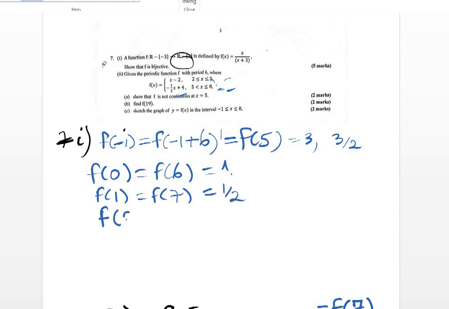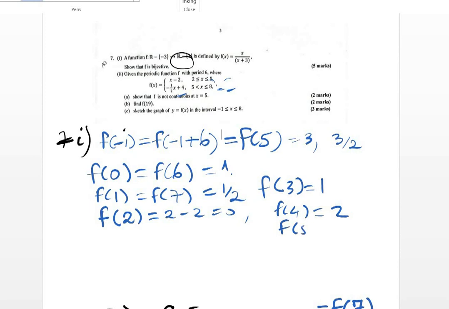Likewise for f of 2. I just want to show you how to obtain the various values using the period. f of 2 is here, so it will be 2 minus 2, which is 0. f of 3 is 1. f of 4 is 2. f of 5 we've already obtained: 1 and also 3. f of 6 we already obtained.